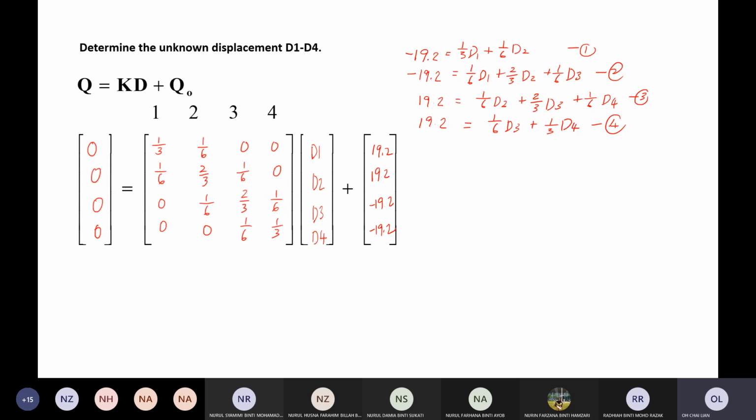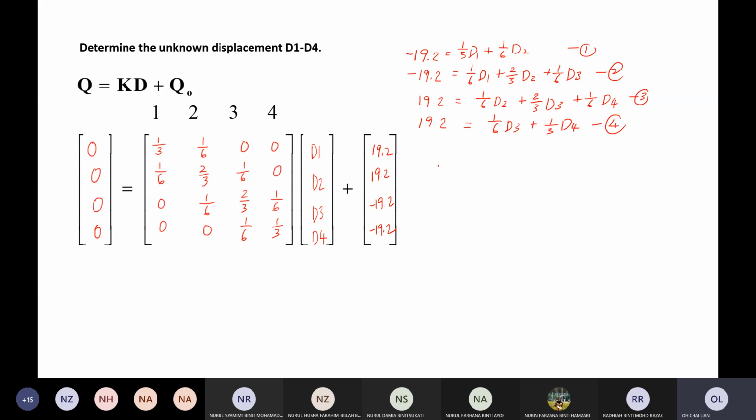So we can actually eliminate D1. Okay, in this we have 4 unknowns here, D1 to D4. But to put in the calculator, we can eliminate one of the unknowns first. And I can see that we can eliminate D1. So how do we do that? We use equation 1 to find the relationship between D1 and D2 so that we can substitute that in our equation 2.